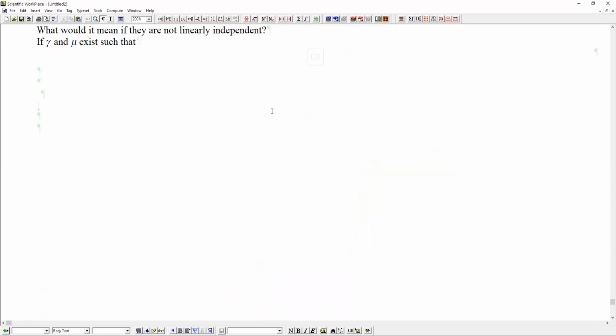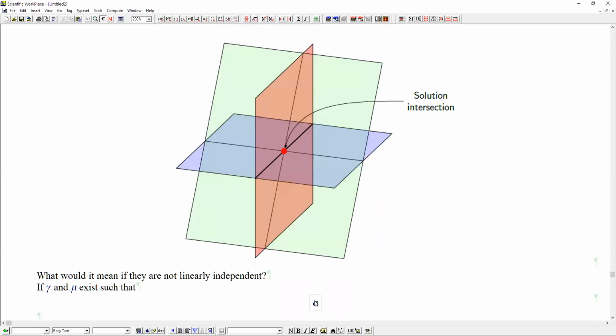So for instance, C1 equals gamma A1 plus u B1.